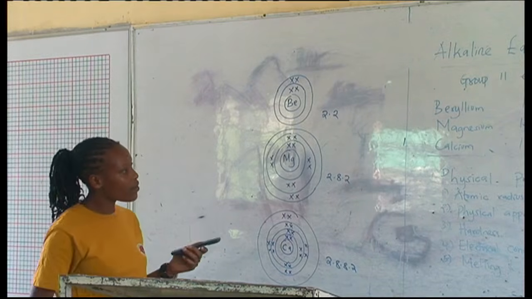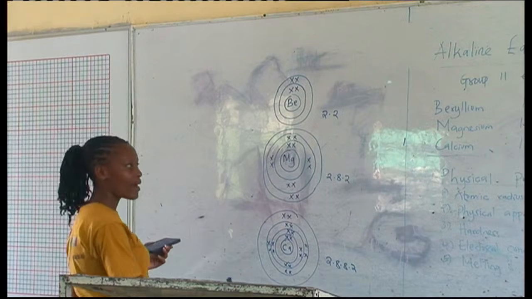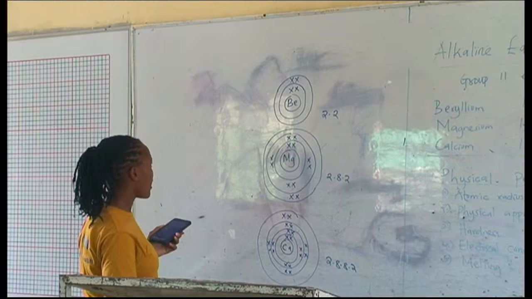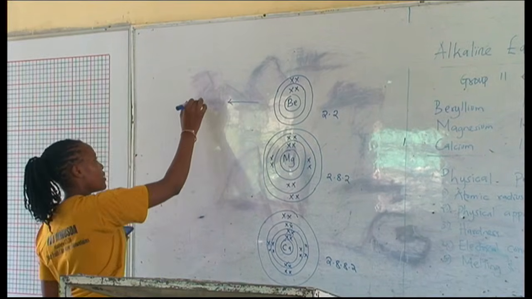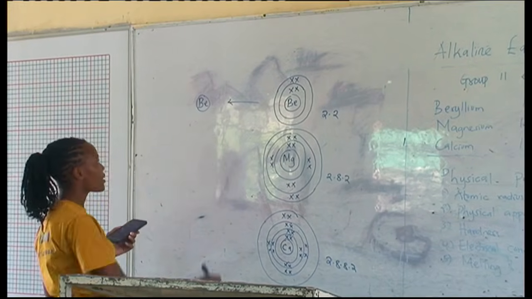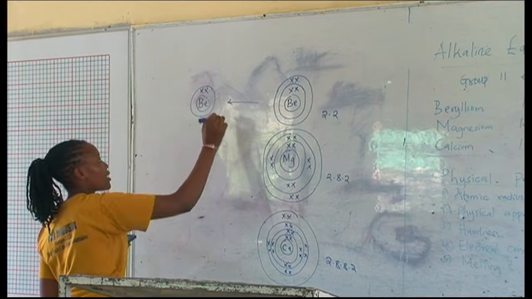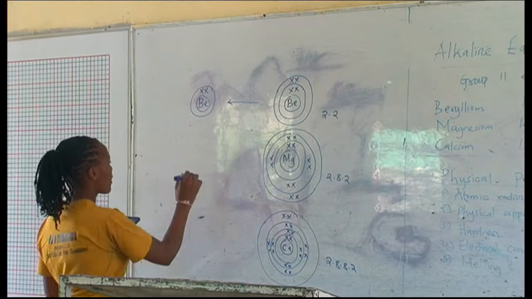Now let us talk about the ionic radius. The ionic radius, on the other hand, is their radius after they have formed ions. Let's draw them this side. Beryllium will form an ion, or all of the group 2 elements form ions by losing 2 electrons. Now beryllium forms an ion to remain with only 2 electrons.